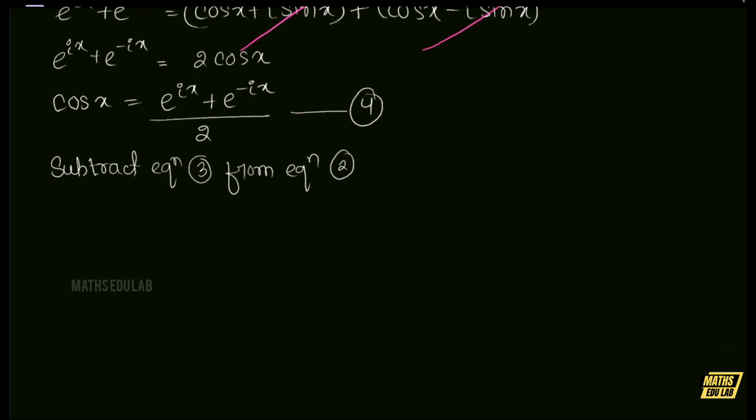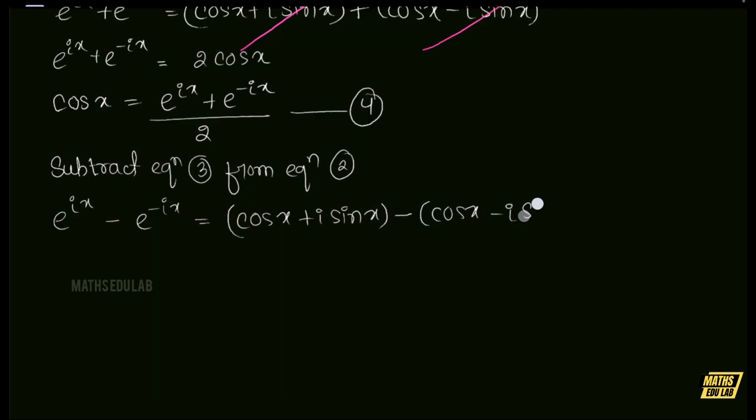We get e to the power of ix minus e to the power of minus ix is equal to cos x plus i sin x, and then minus cos x minus i sin x. So this is what we got here, and let's solve this one.